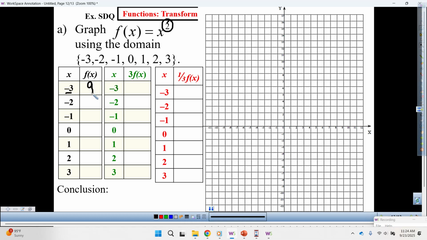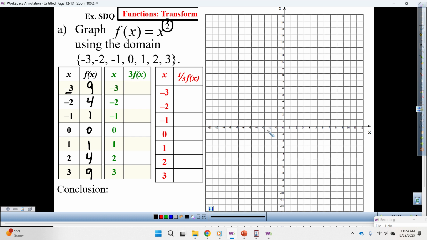Write that in there, please. We're no longer going to do the substitution; by now it should be automatic. Next one: negative 2 squared is positive 4. Negative 1 squared is 1. 0 squared, 1 squared, 2 squared, 3 squared. Let's plot those points.